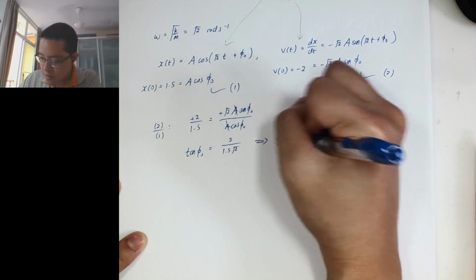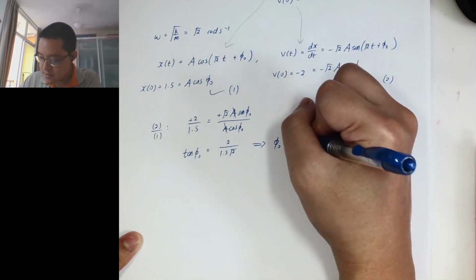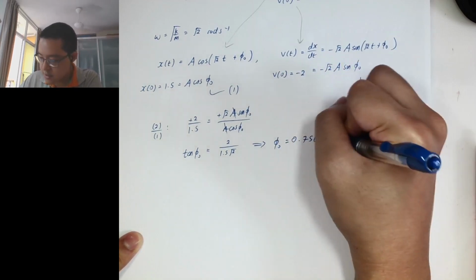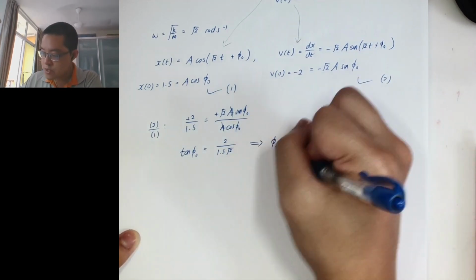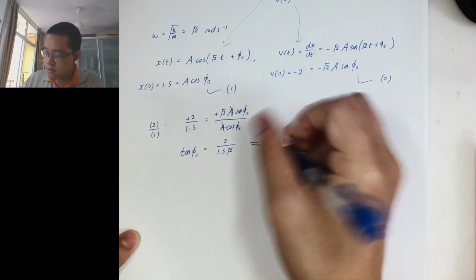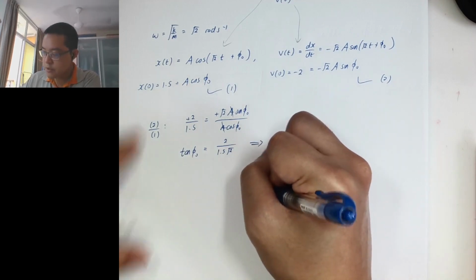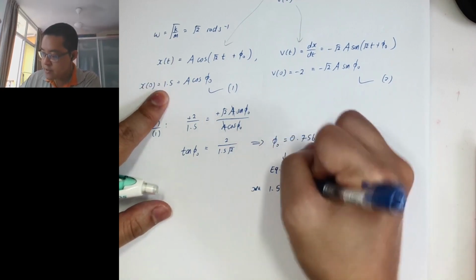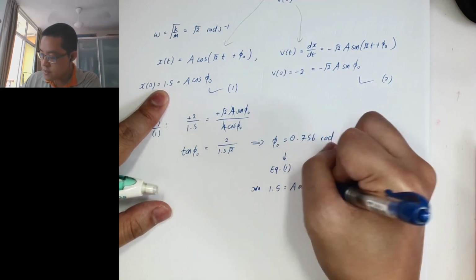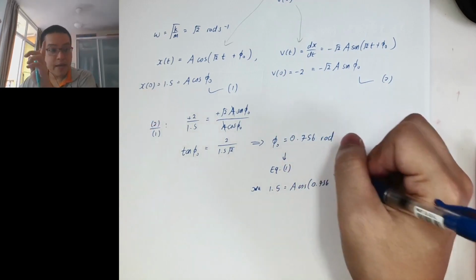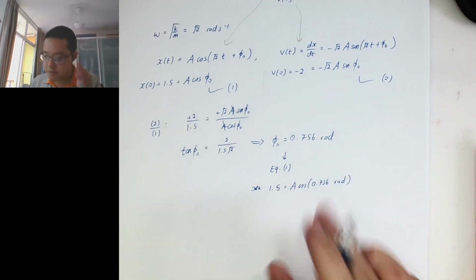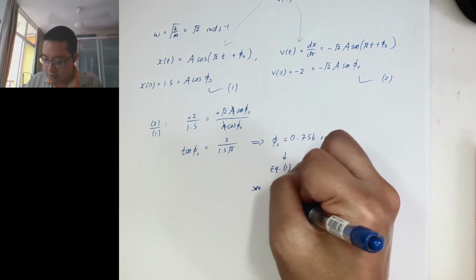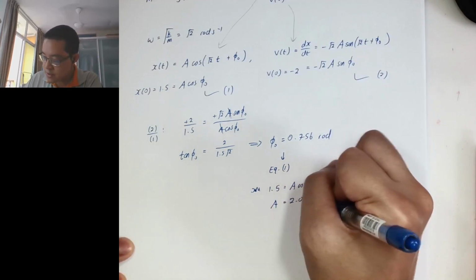According to my calculator, my phi is 0.756 radians. Then I put this into equation 1. Equation 1 is 1.5 equals A cos 0.756, but we must be careful, this is in radians. If I take the cosine of this angle in radians and solve for A, I will get 2.061 meters.